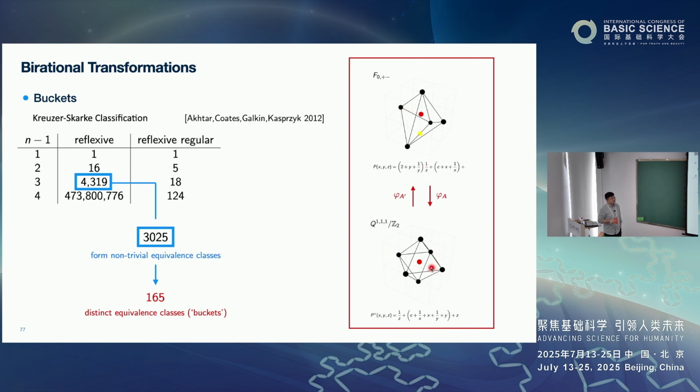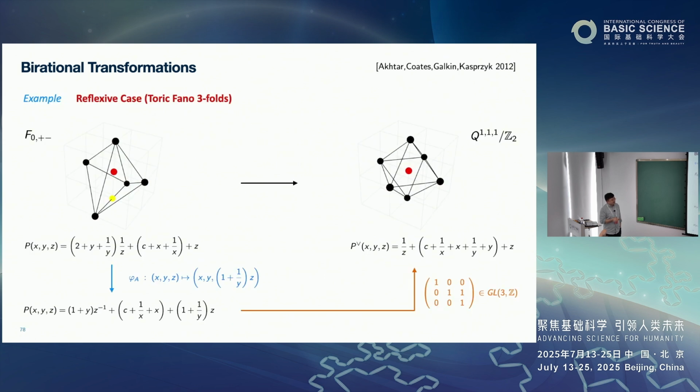The two toric diagrams that I showed you earlier are related by such birational transformations when the corresponding Newton polynomials are mapped by phi A and its inverse. I will show it later.